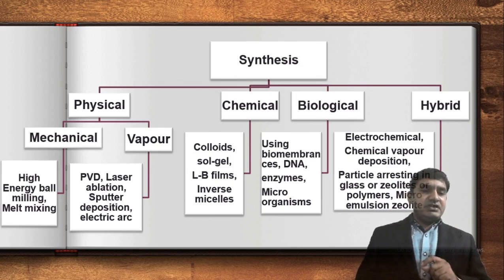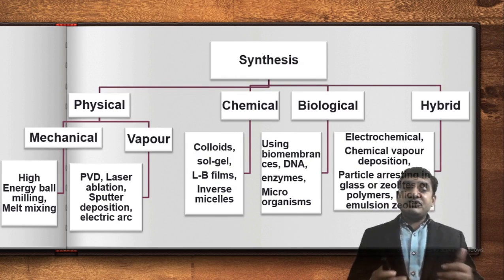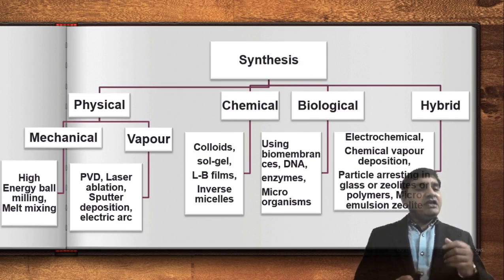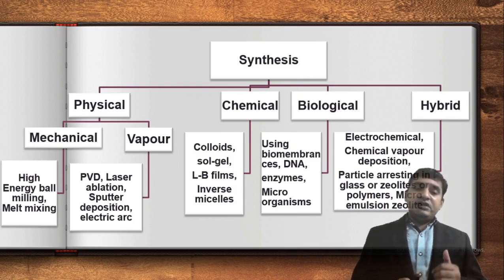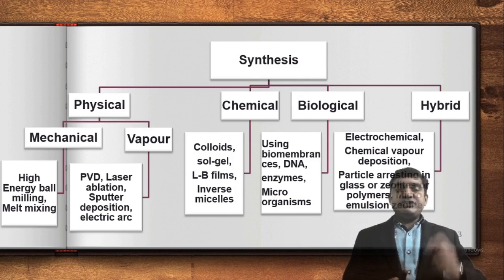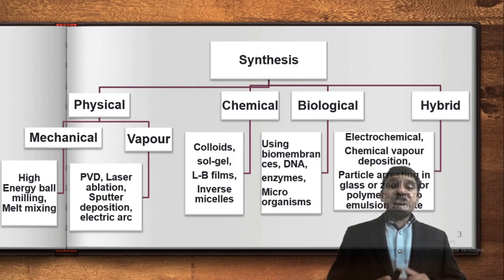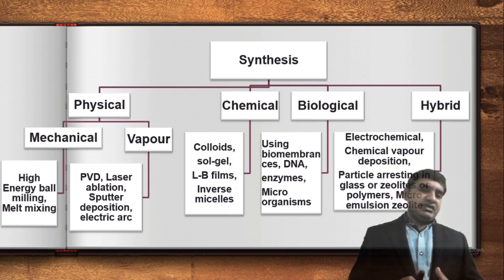In the mechanical method, there is the high energy ball mixing method or ball milling method, then melt mixing method. Then in vapor deposition, there is physical vapor deposition, laser ablation, sputter deposition, then electric arc technique.